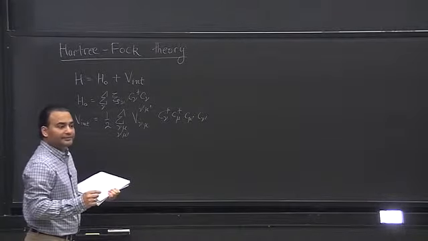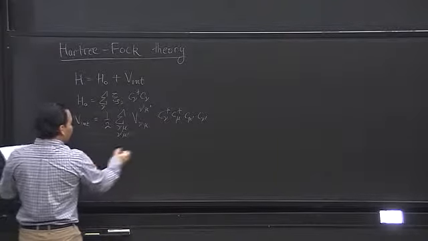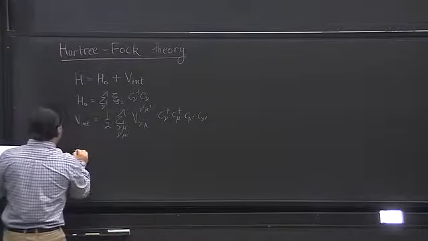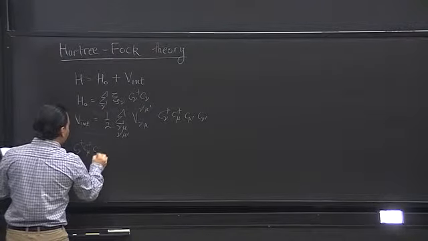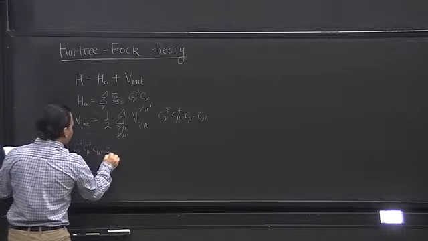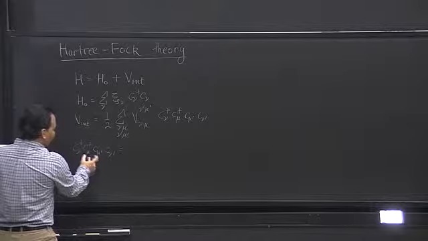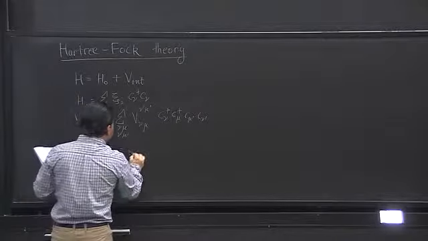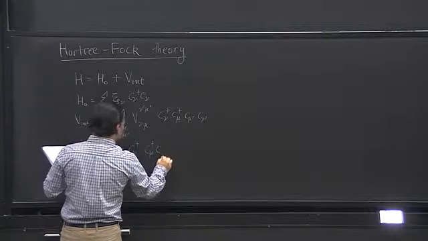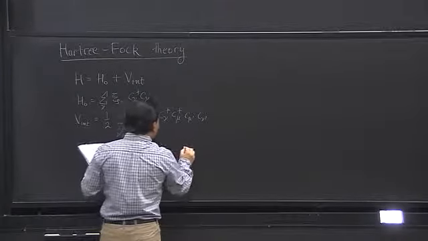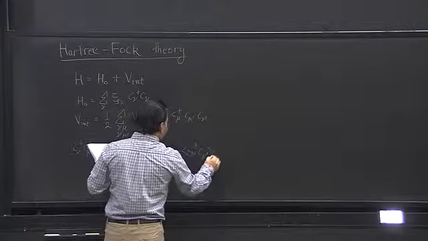Any questions? So let's try to develop a mean field theory by taking these 4 operators, and what we are going to do is replace these 2 operators by the following. We're going to subtract the expectation value from this and add it back.